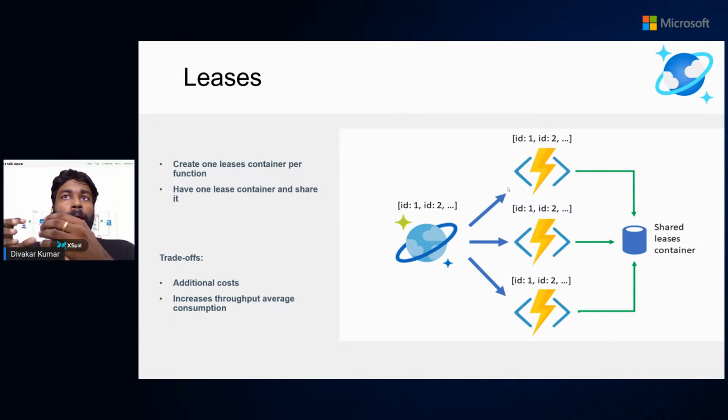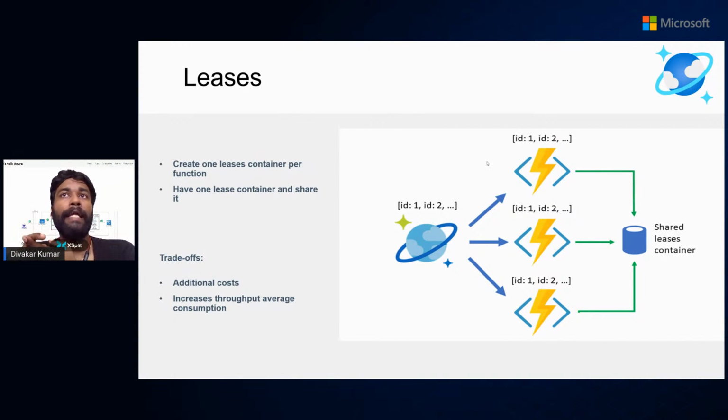Whenever a particular Azure function fails or shuts down for some reason, the lease contains a checkpoint which allows you to go back to the exact same place once it restarts.